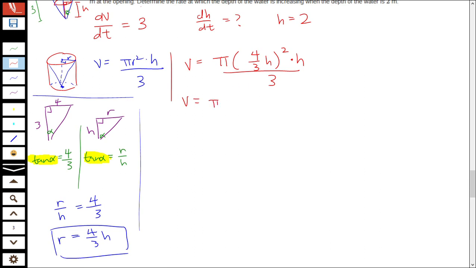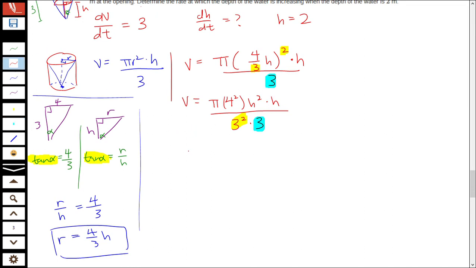So I got pi, I got 4 squared, and then H squared times H, all divided by 3 squared. So that's the 3 squared here, but let's have another 3, so it's going to be times 3. In case you're confused, that's from that, and that is from that.